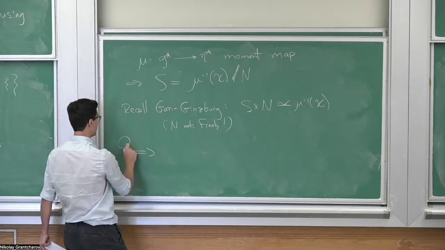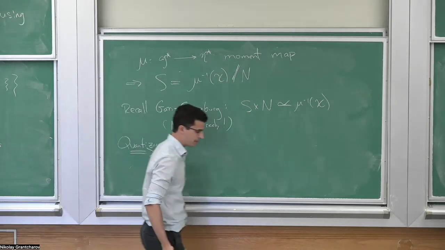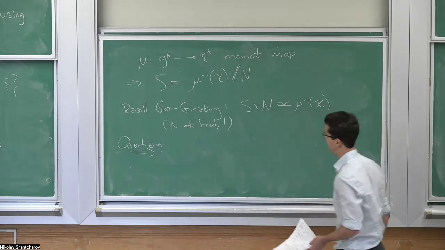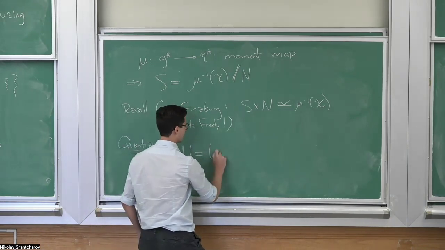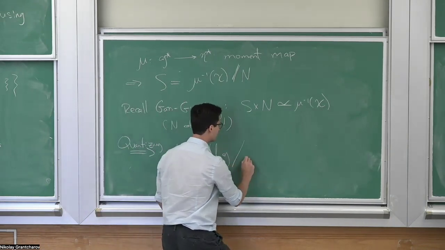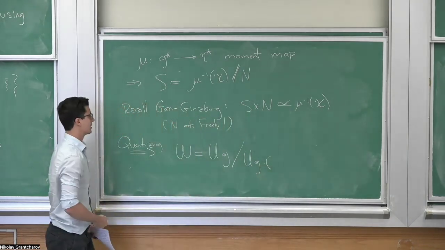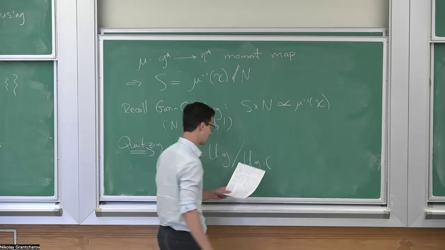So quantizing, which means anytime you see functions on the Lie algebra, you replace it with the enveloping algebra. So we have this W-algebra, which is the enveloping algebra mod the ideal generated by the nilpotent n shifted by chi.